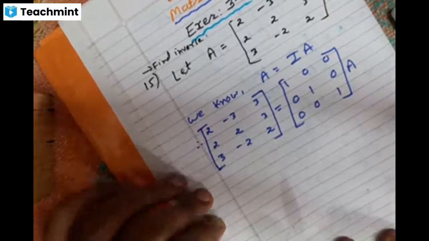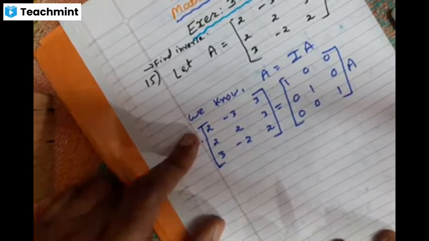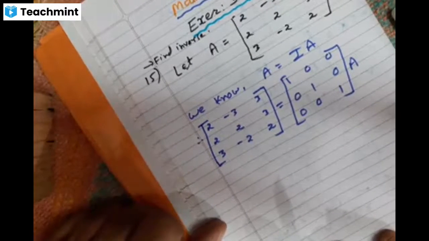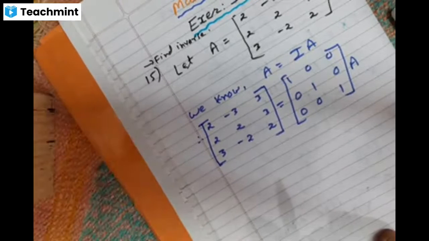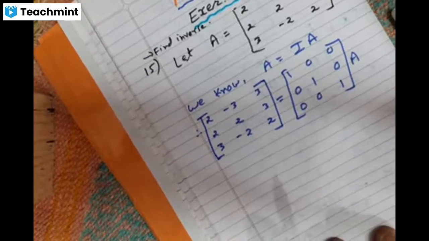And see, it is not necessary that what I am doing, you do. Understand this, friends: do not think that only if you do what I am doing will the answer come.